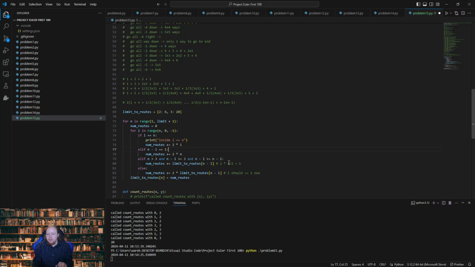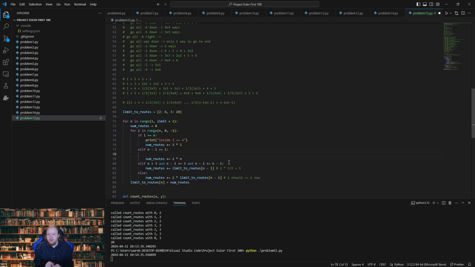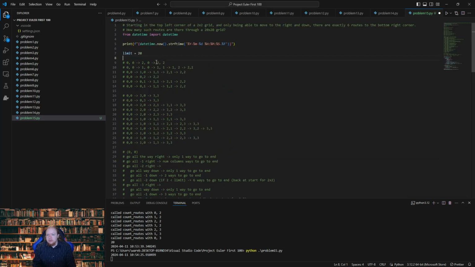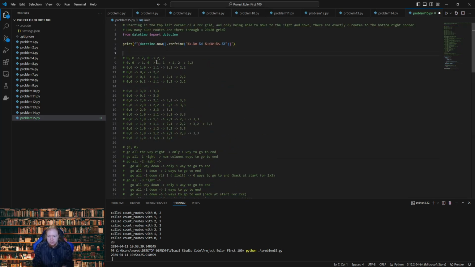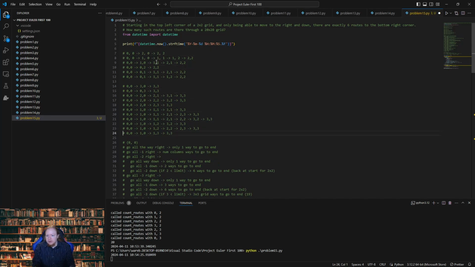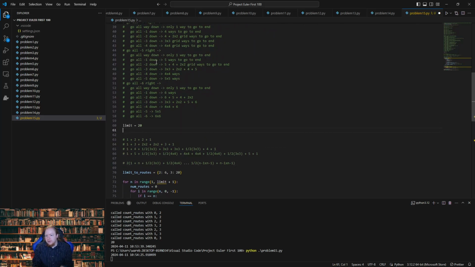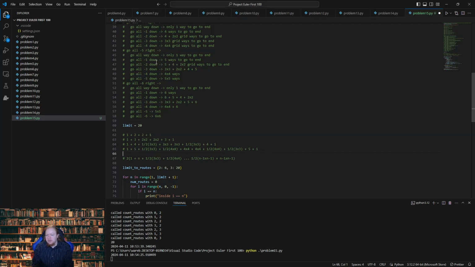And I just want to print out, because what we should see for our... Let me just yoink. I want to keep these notes here.